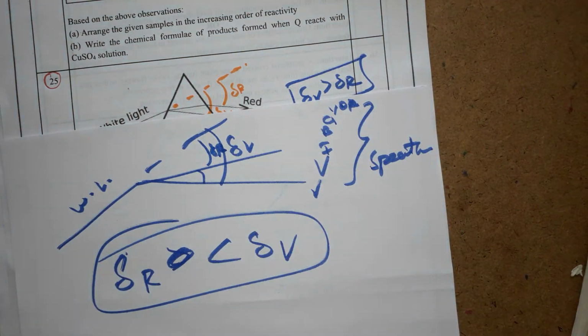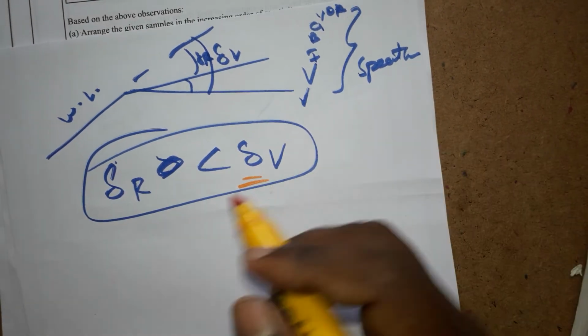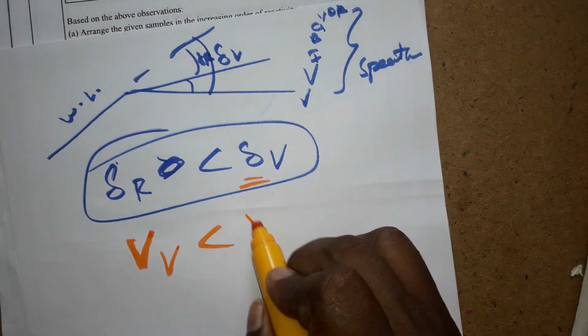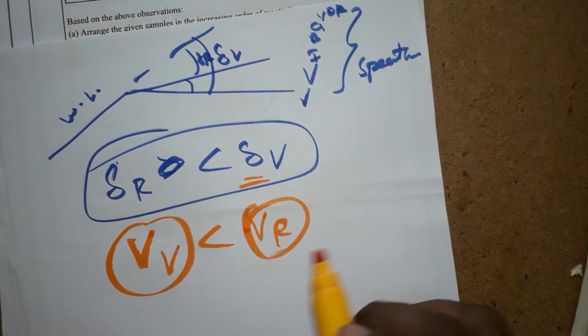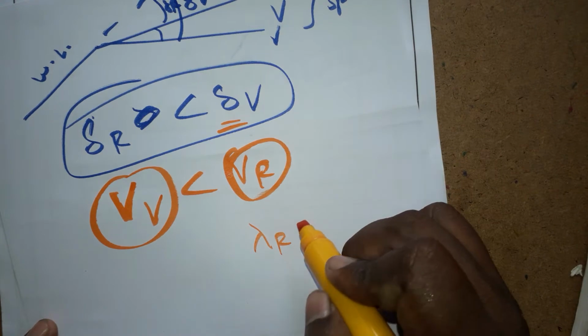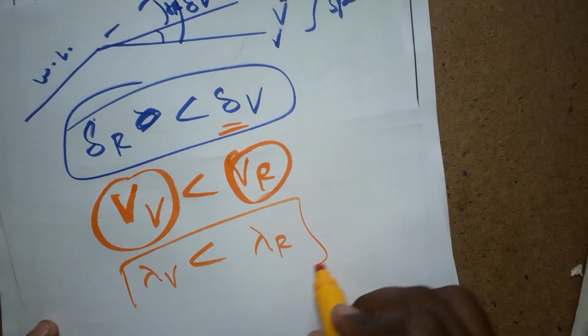The deviation of red will be less compared to the deviation of violet. Okay, so why is violet most? Because the velocity of the violet is less compared to the red. The red will travel faster in glass, the violet will travel slower in glass. Otherwise, the wavelength of the red is more compared to the violet.